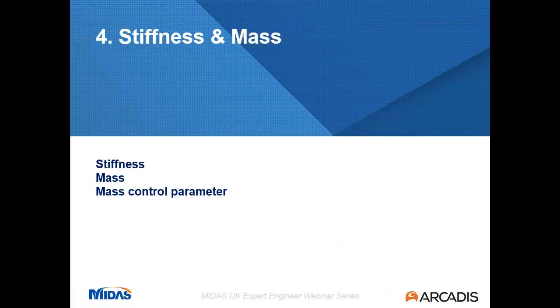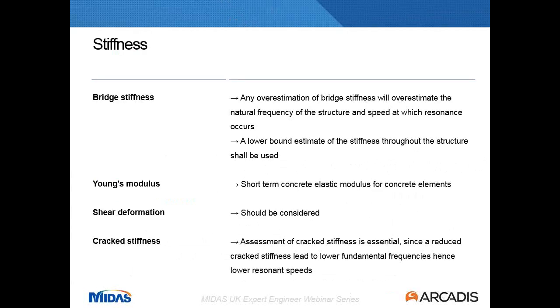Okay, let's jump now to the main parameters for our analysis. That's stiffness and mass. As you probably know, these parameters are key for any dynamic analysis that you're going to perform.